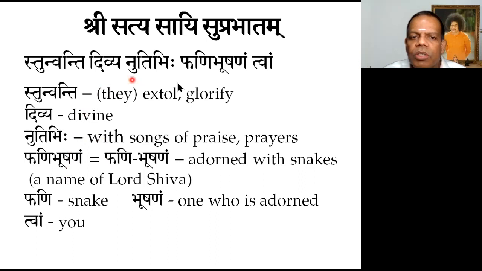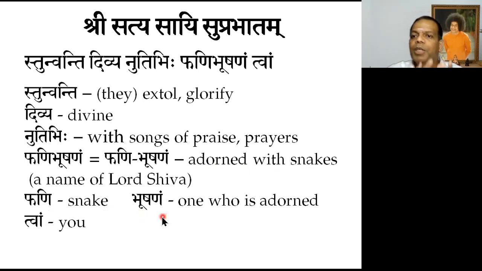Stunvanti divya nutibi. Phani bhushanam. There are two words here, Phani and bhushanam. Adorned with snakes. Phani means snake. Bhushanam means one who is adorned. Bhushanam, because it's the second vibhakti, or it's also called the k suffix, means when a word becomes an object.